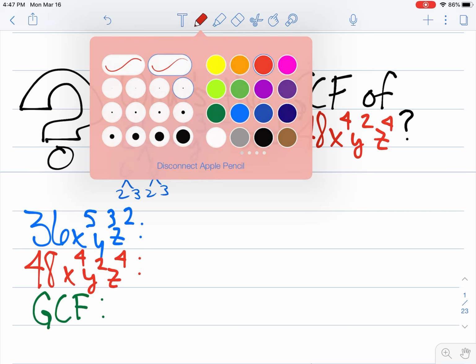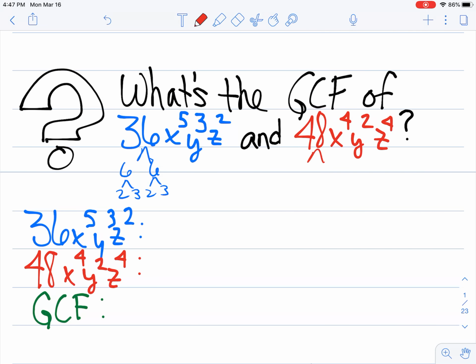And then for 48, let's see, let's do 12 and, or let's do 6 and 8. That's good. Let's just do 6 and 8. Now, a little trick with 8. 8, I just always split up by 3 2s, 2 times 2 times 2. That way it's already done, and then we'll have 2 and 3 there.